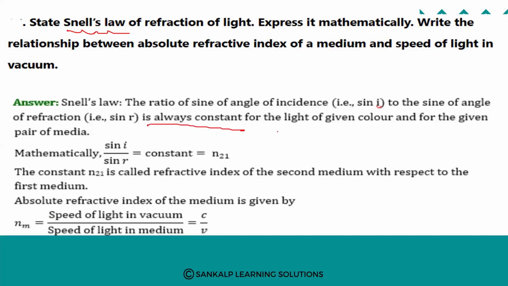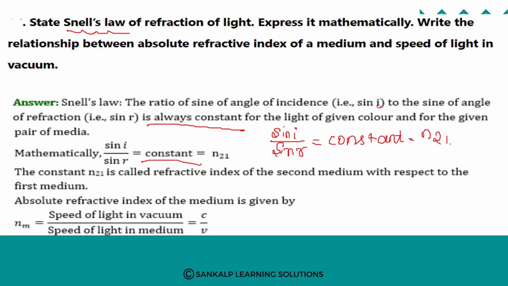Remember, sine of angle of incidence is sin i divided by sine of angle of refraction is sin r, is always constant. Okay, that is n21. So mathematically it is sin i divided by sin r is constant.